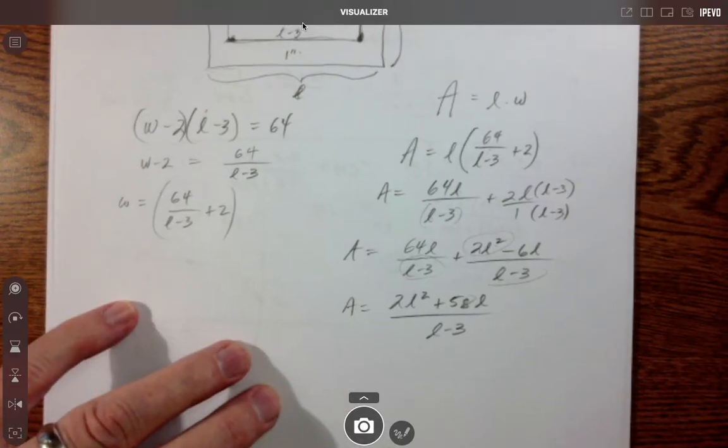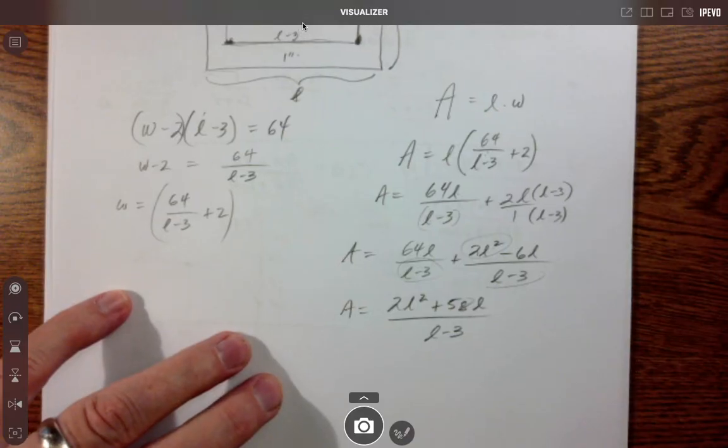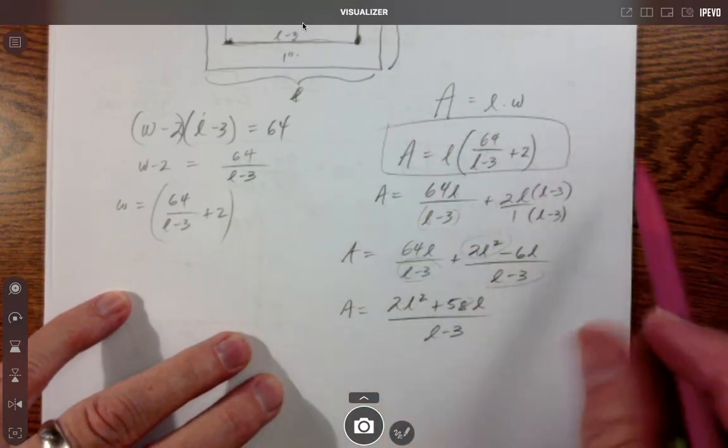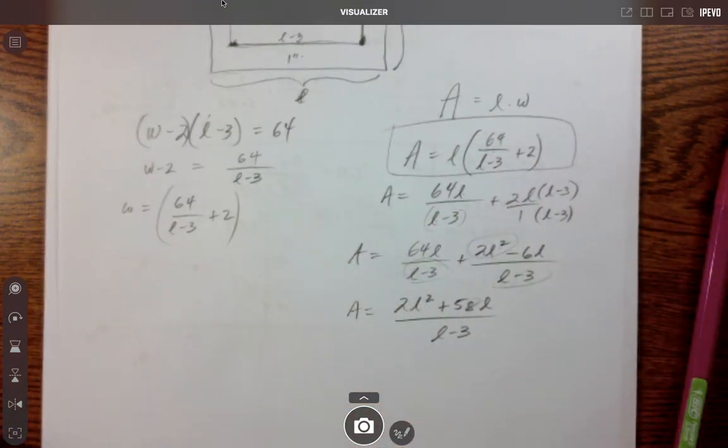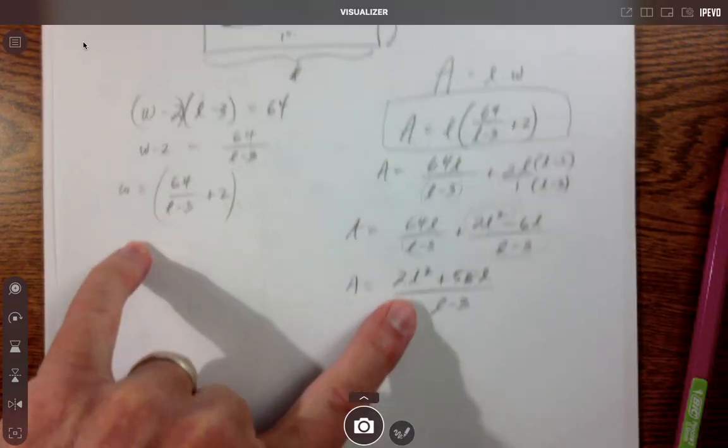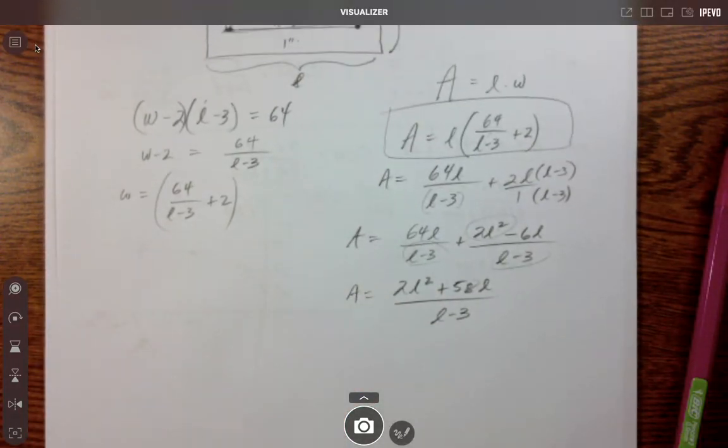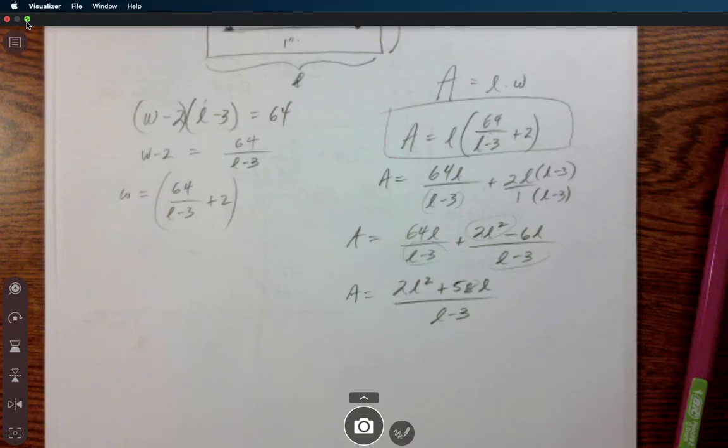Now the simplest way to solve this, I don't think I need to do any of that. I could just graph this and look for the minimum for L. So I think I'm going to do that, but I'm also going to graph this to make sure that I did all my math correctly there. So let's see.